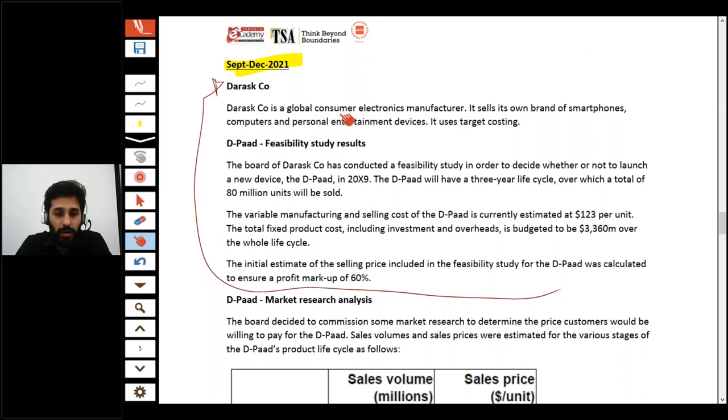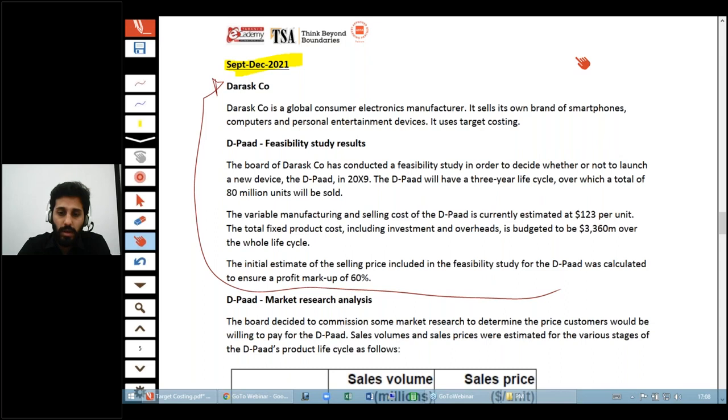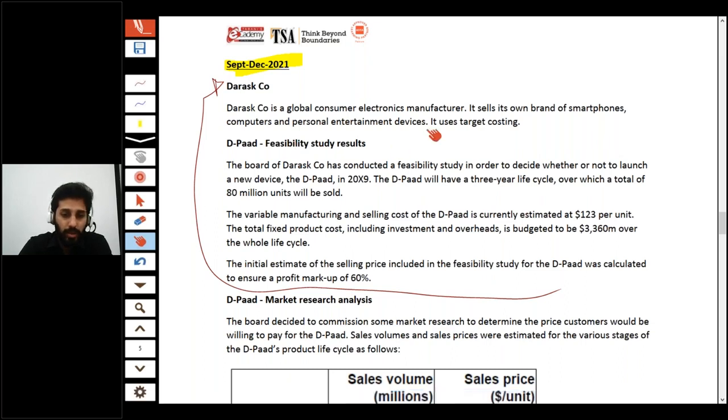Darask is a global consumer electronics manufacturer. It sells its own brand of smartphones and uses target costing. That is the main point. DPAT feasibility study results.